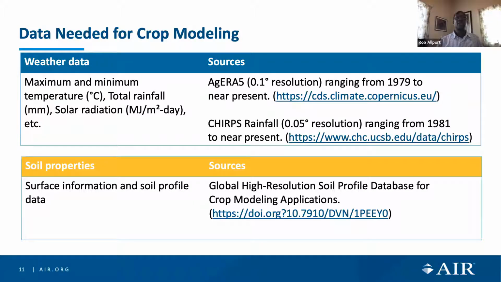That's why we call it near present. We also include the rainfall from CHIRPS, which some people may know about, developed by a group within Santa Barbara.